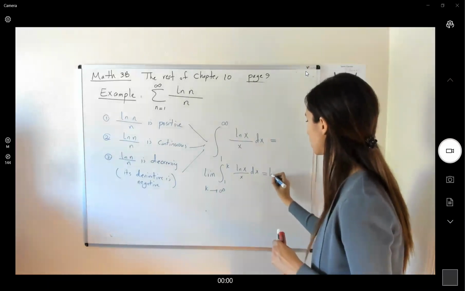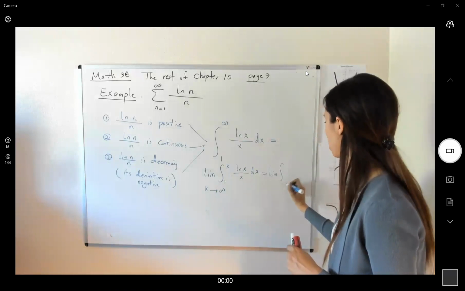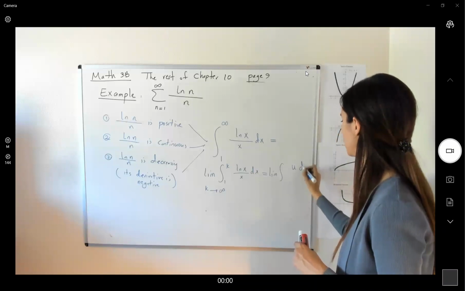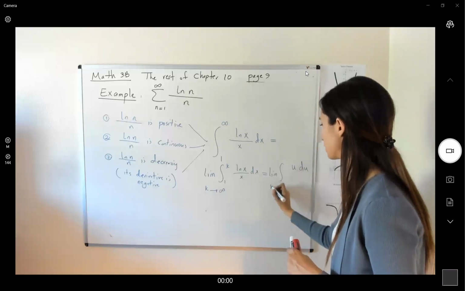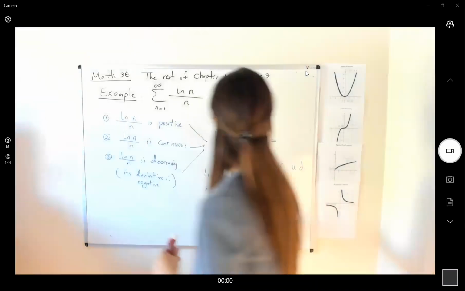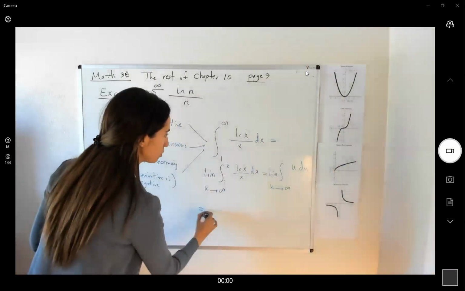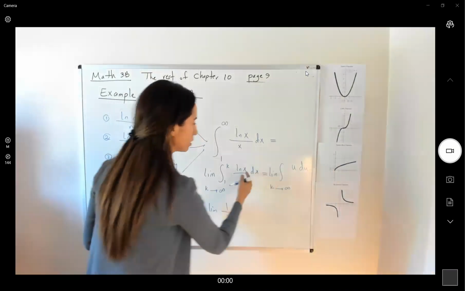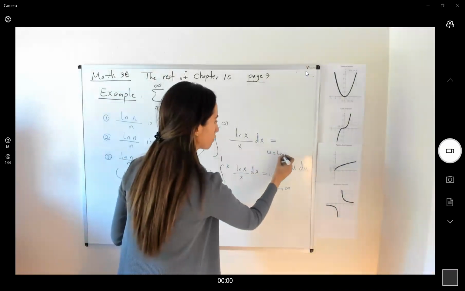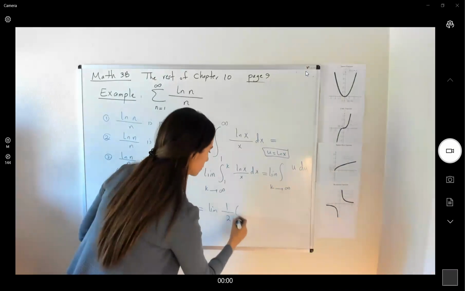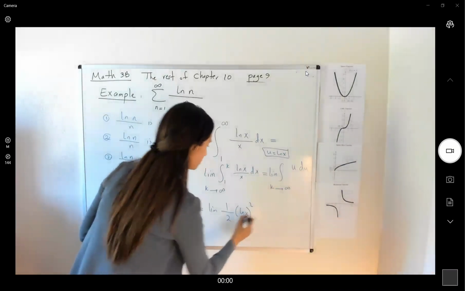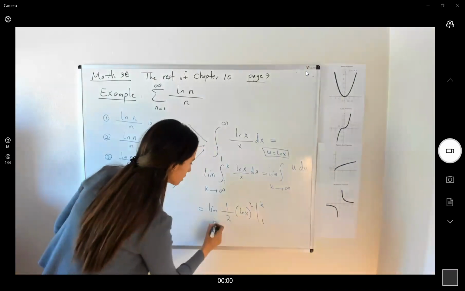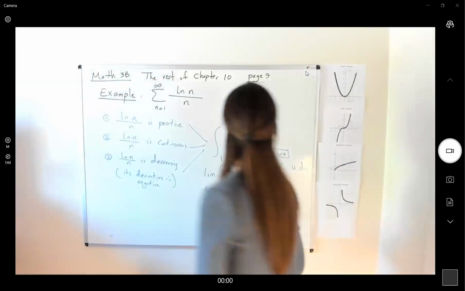This is equal to the limit of integral u, which is ln of x, du, and k goes to infinity. So this is equal to the limit of a half u squared. Your u is ln of x, ln of x squared. x ranges between 1 to k, and k goes to infinity.